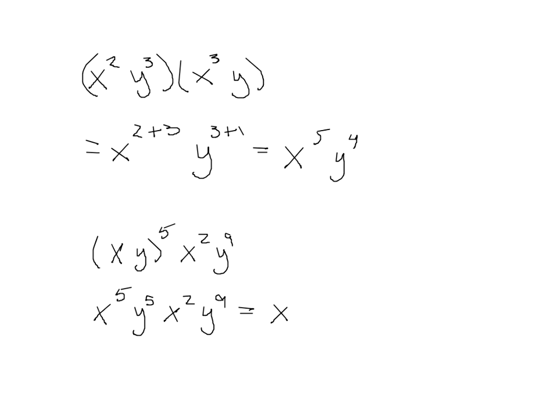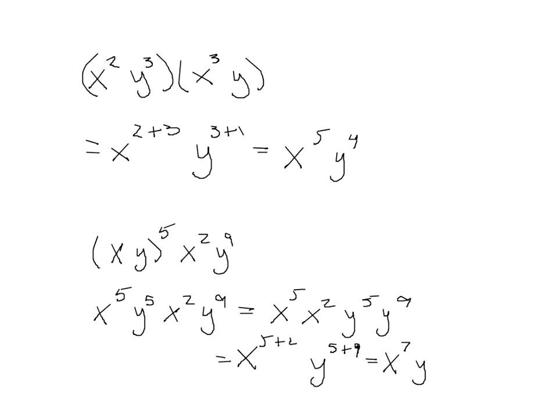So I can reorder the terms. And so this is going to give me x to the 5 plus 2 times y to the 5 plus 9. And so that is x to the 7th, y to the 14th. And that would be my final answer.